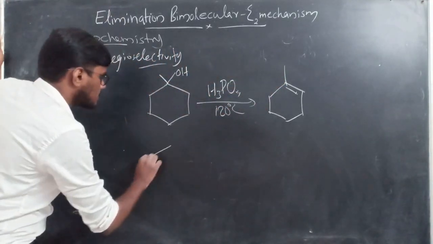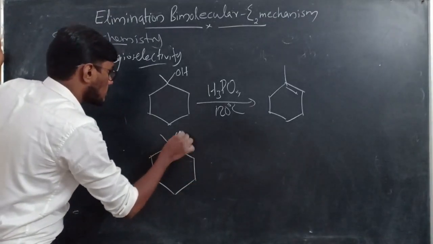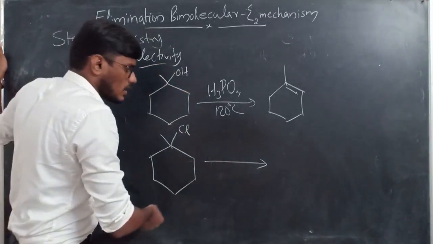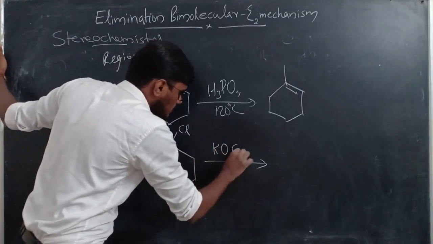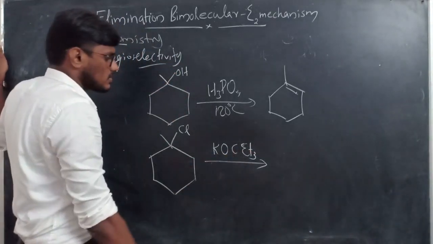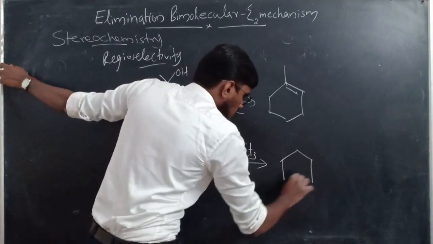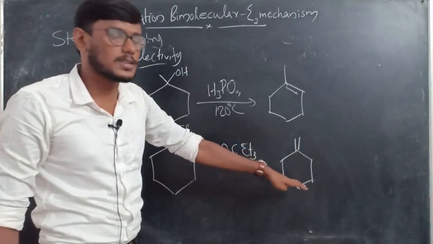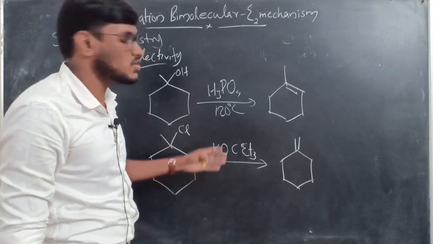Another example: this compound on reaction with a bulkier base, like the potassium salt of triethylcarbinol, gives the product like this. Here the less substituted product is the major product, and this is the regioselectivity.